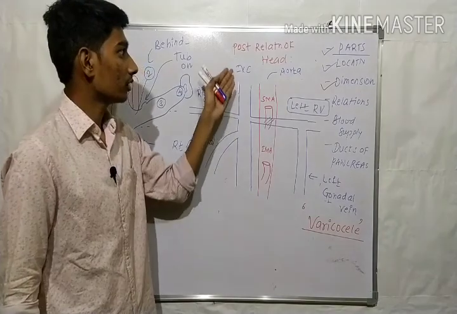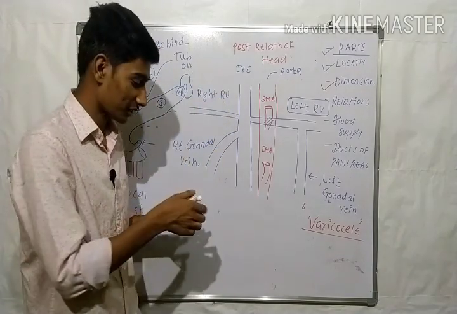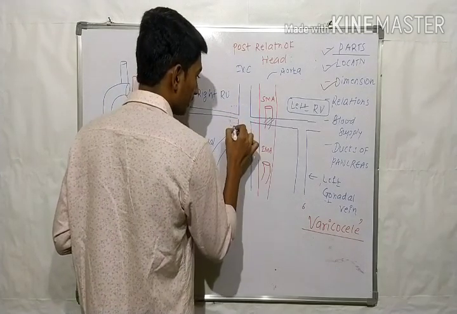Now our heading is posterior relation of head. So for posterior relation of head, I will draw here, this is head.